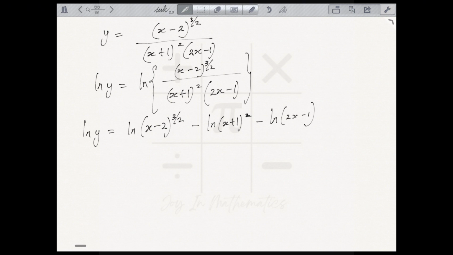Now let's apply the third law of logarithm to simplify the powers. So we have ln y is equal to 3 over 2 ln x minus 2 minus 2 ln x plus 1 minus ln 2x minus 1.